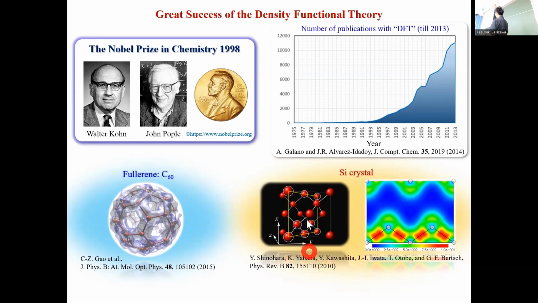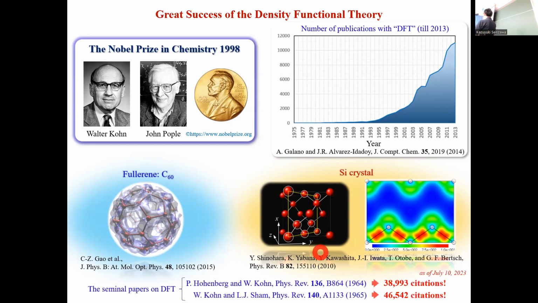For instance, this is a silicon crystal, and those authors apply time-dependent DFT to describe the response of electrons to a strong laser field. So one can describe many-body systems of fermions with great accuracy using DFT. To have a taste, the basic papers by Hohenberg and Kohn and Kohn and Sham have tens of thousands of citations, and it is increasing rapidly.